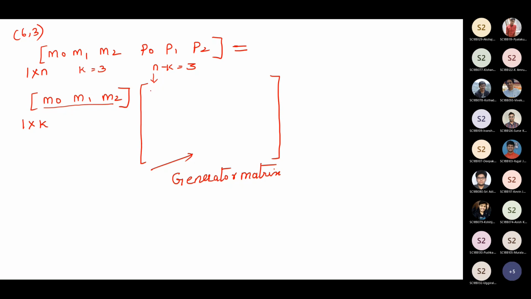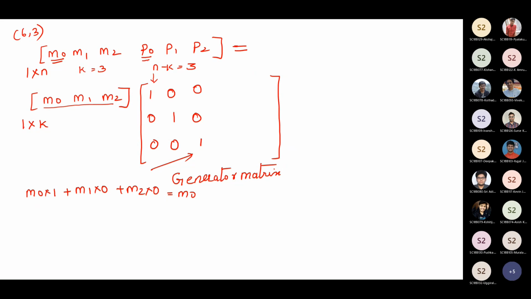So it means here first column should be 1, 0, 0. So when I multiply, I'll be getting M0 into 1 plus M1 into 0 plus M2 into 0 equal to M0. So this is the first element I'm getting. Similar way to get M1, I have to put here 0, 1, 0. Next one to get M2, 0, 0, 1.